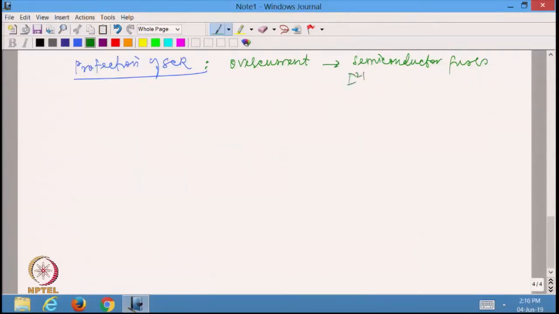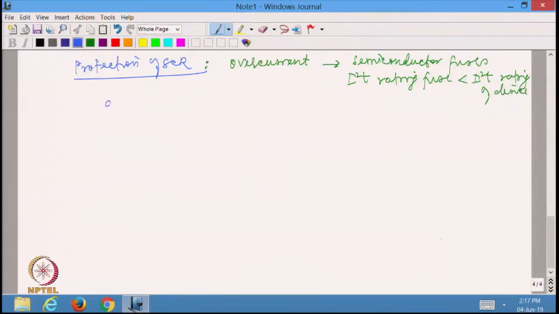So, I square T rating of the fuse basically has to be smaller as compared to I square T rating of the device. What I mean is the heat generated in the fuse will melt it much more as compared to whatever is the heat generated actually in the device. So, the device will not conk out.